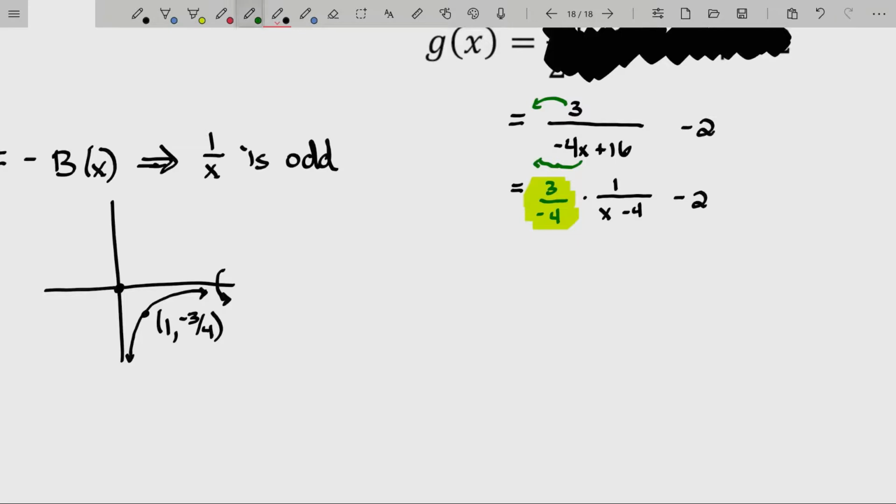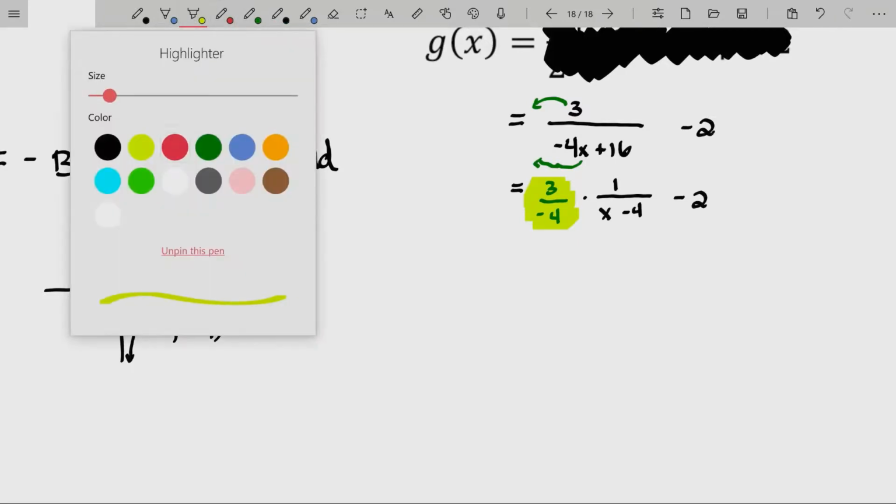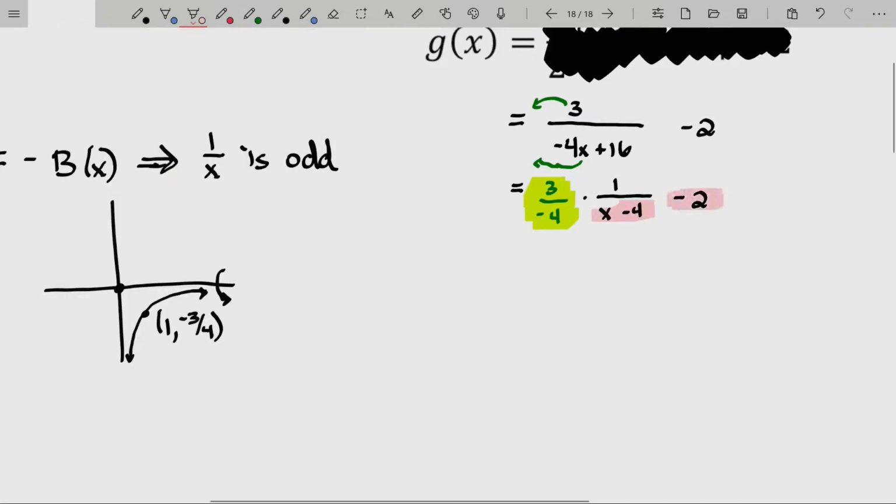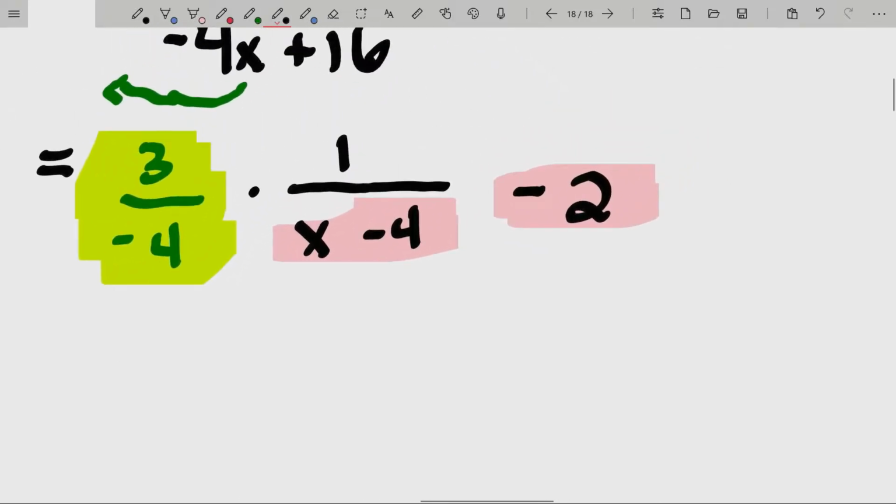So let's go ahead and just deal with the final panel, which are all the shifts. So let me do that. We have this shift and that shift. Remember, the shift with the x minus 4 moves the graph 4 units to the right. All the x values, you're going to add 4 to them. And this, all the y values, you're going to lose 2. So I'll say minus 2 from y values.